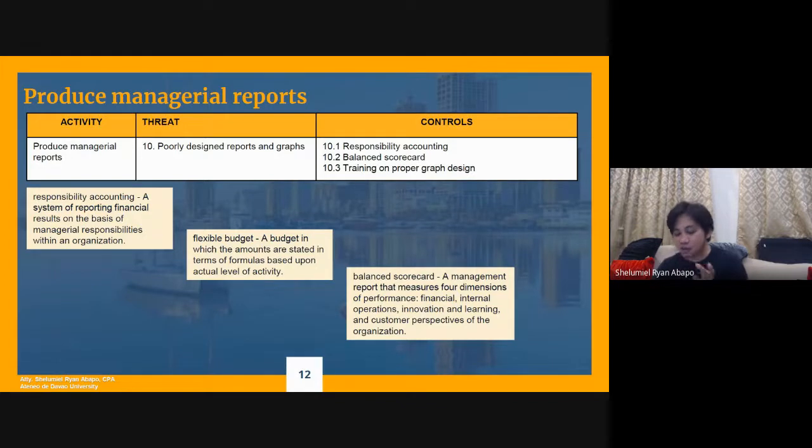And we mentioned that one, we fall now under what we call flexible budgeting. Flexible budgeting is a budget in which the amounts are stated in terms of formulas based on the actual level of activity. For example, flexible budgeting would entail dividing the budget for each line in the general report of the particular department into the fixed and variable cost components.